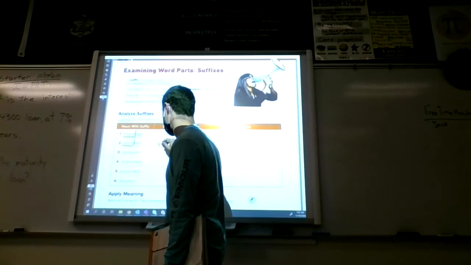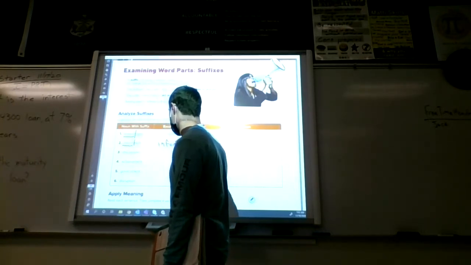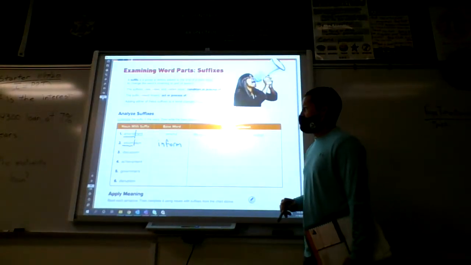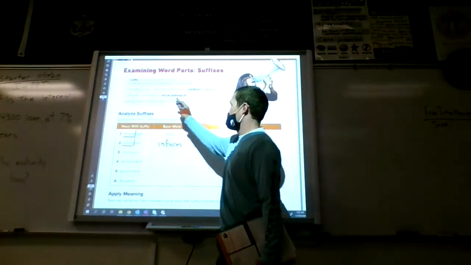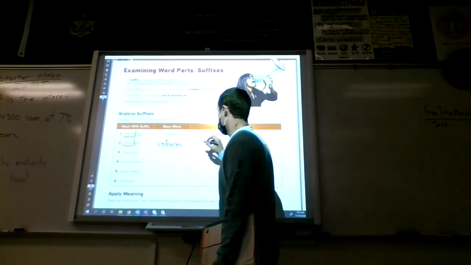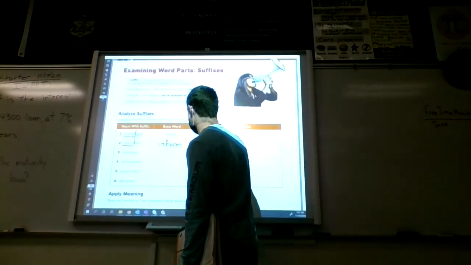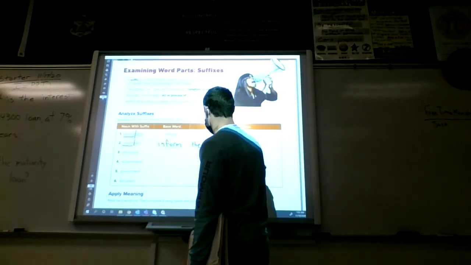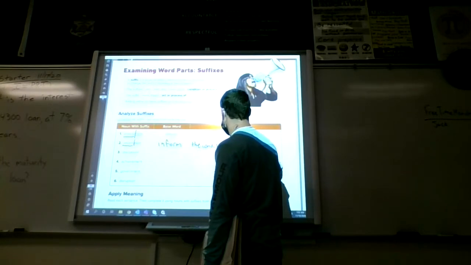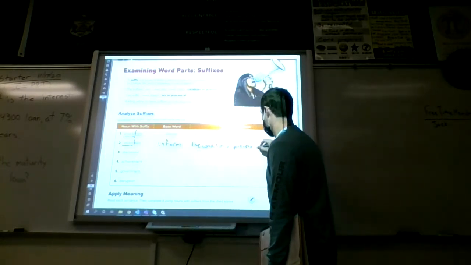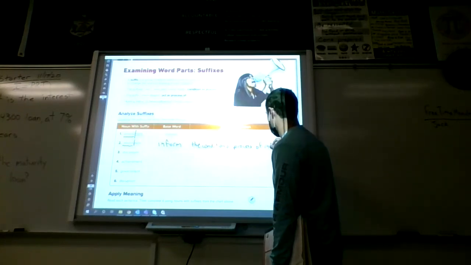So I'm going to go ahead and write inform right here. And since I know it ends with ation, and that is the condition or process of, we're going to write the condition or process of informing.